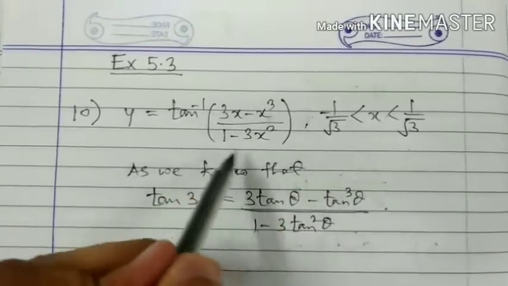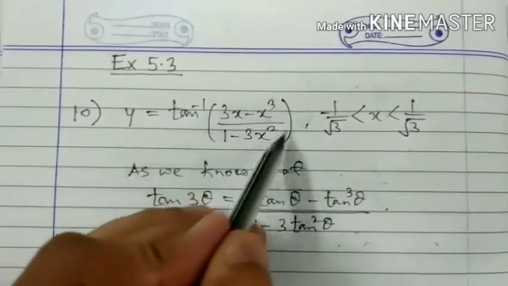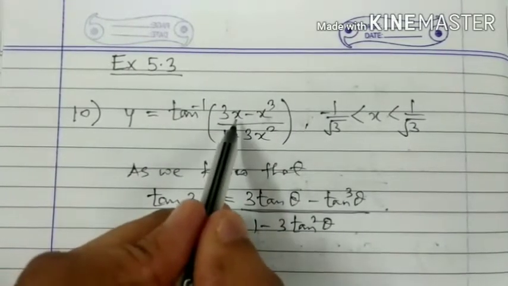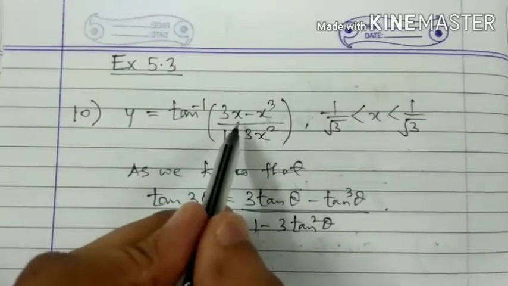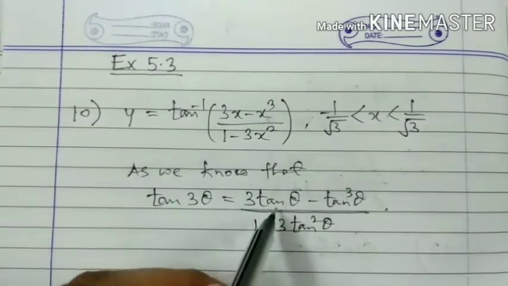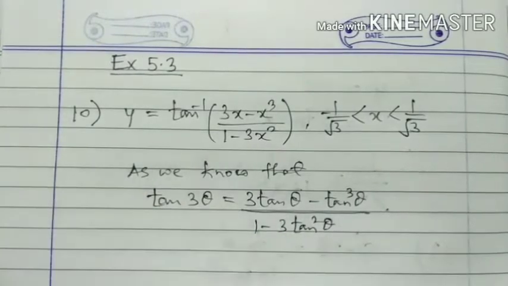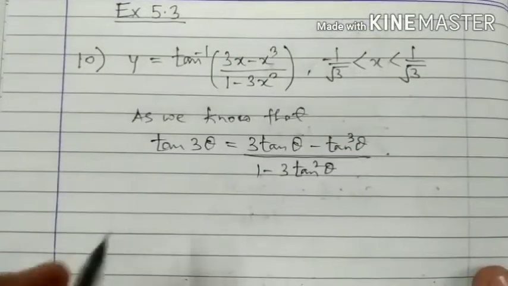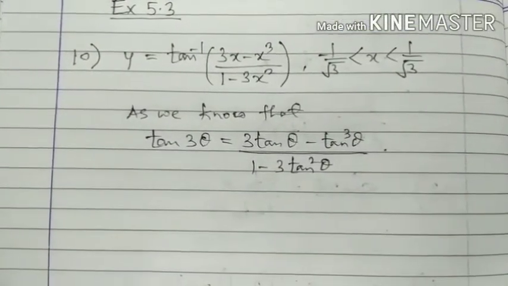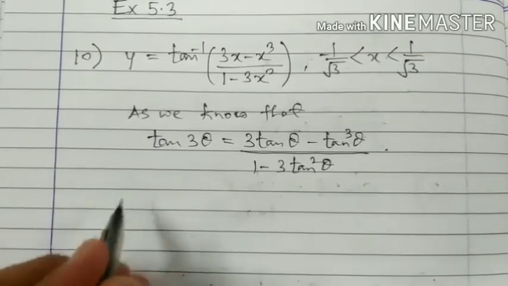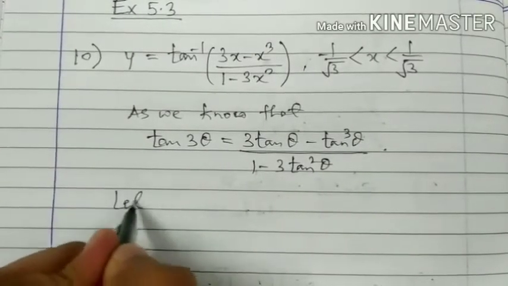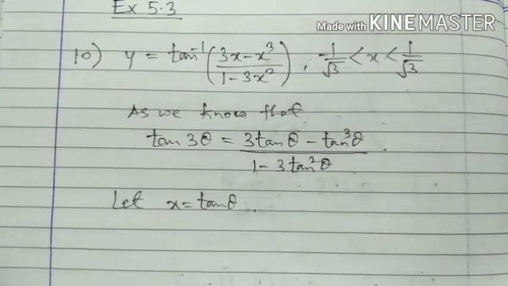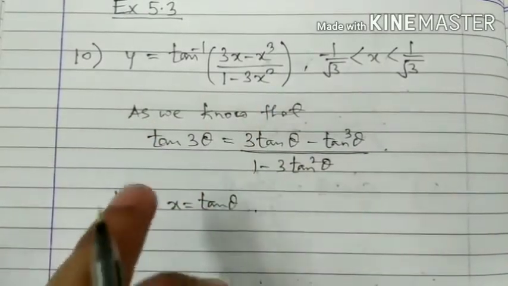So in given function, this term in bracket matches with this formula. Here we can replace, instead of x we can replace tan theta, right? Then only we can apply this formula. So friends, here we will assume x equal to tan theta. Then only we can apply this formula and simplify the given function.